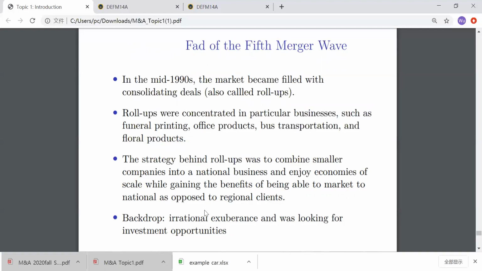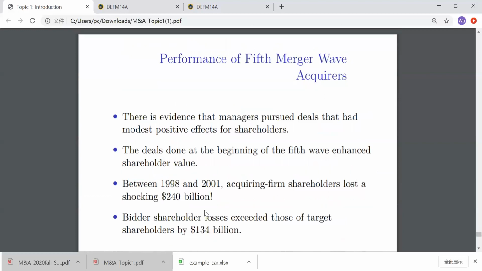But the backdrop is that these acquisitions were mainly fueled by irrational exuberance, or very high valuations in the stock market in the late 1990s. In the late 1990s, internet stocks and the stock market in general were very highly valued, at their highest. That's why many acquirers caught the wave and did those acquisitions.